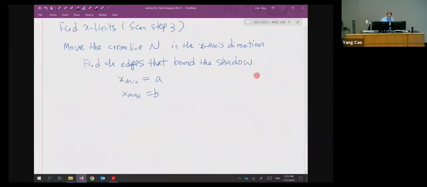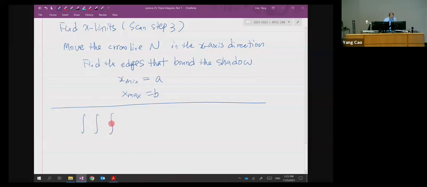You print the line, and you keep printing. Then you get a cross section, and then you print the cross section up. Then you've got the whole region D. So that's the process for finding the Cartesian coordinate limits.